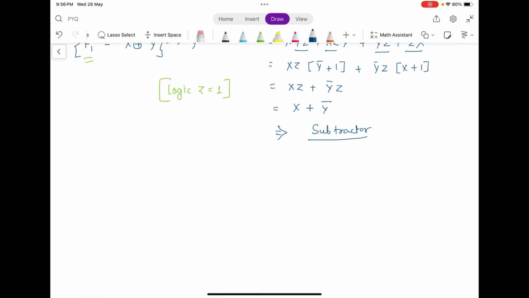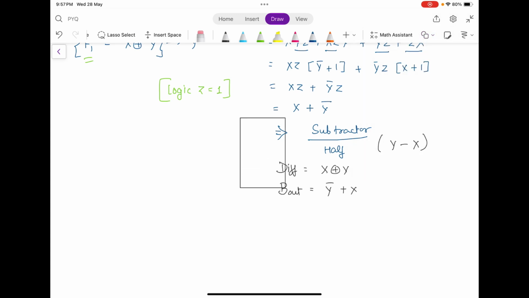Specifically, a half subtractor has the difference X XOR Y, but the borrow out expression would be Y bar X. This is for Y minus X. So this would be your answer.